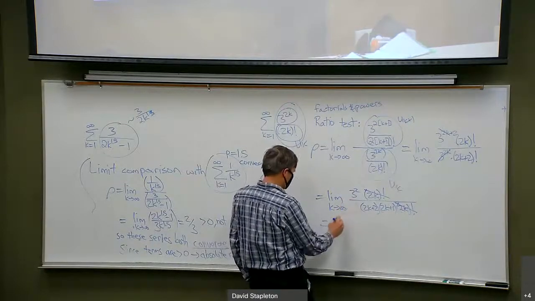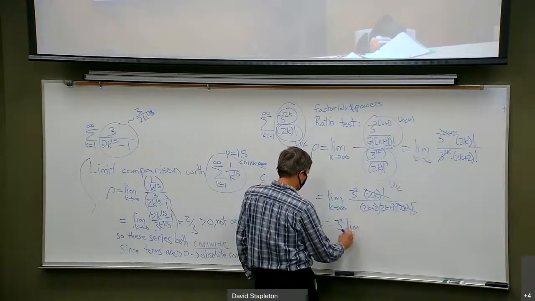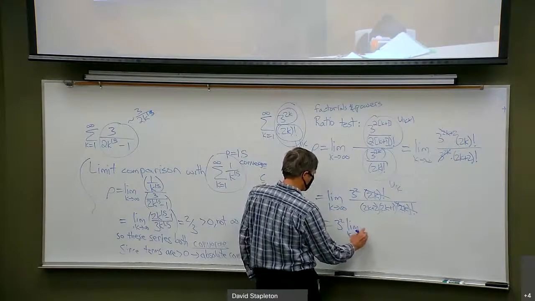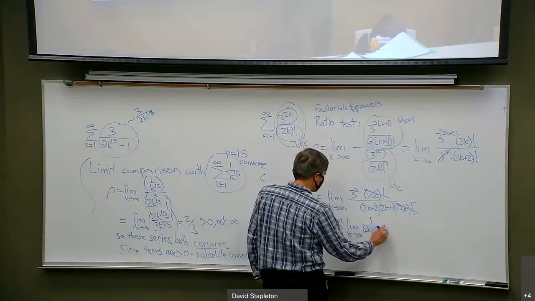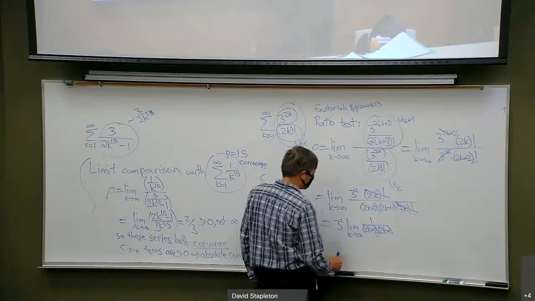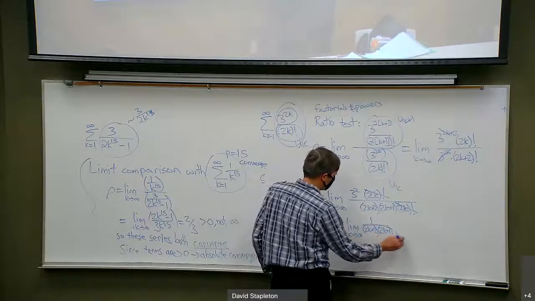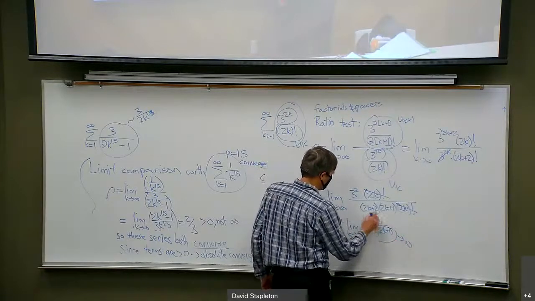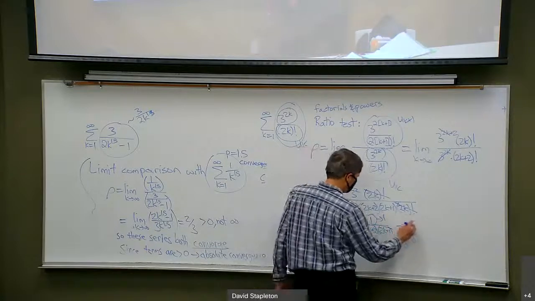The 3 squared is a constant, so you can rewrite it as 3 squared, limit as k goes to infinity, 1 over 2k plus 2, 2k plus 1. Well, that's an easy calculus 1 problem, right? The bottom is going to infinity. Top is just staying at 1, so the limit is 0.